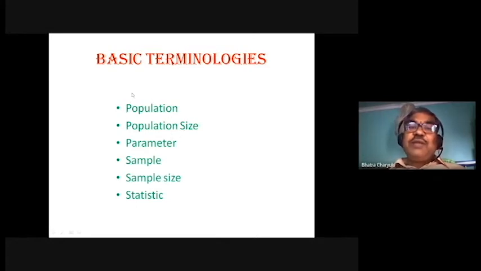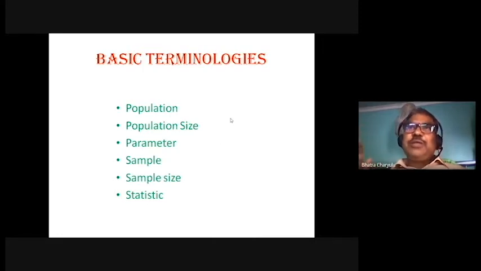So, whatever the problem that you are studying, the total information related to that you have to gather. That's why the collection of entire information about the character under study is called a population.